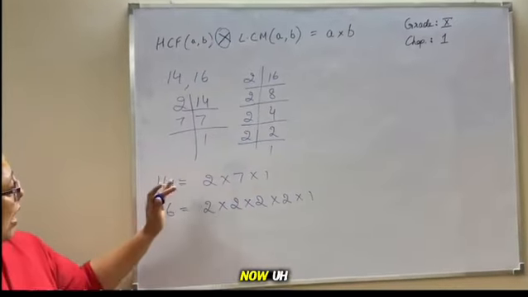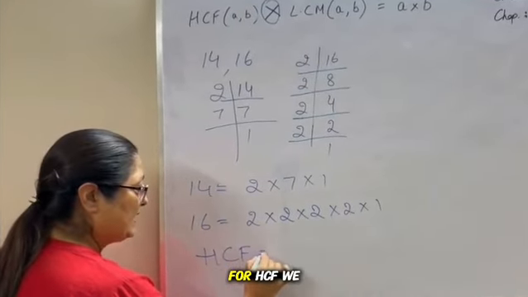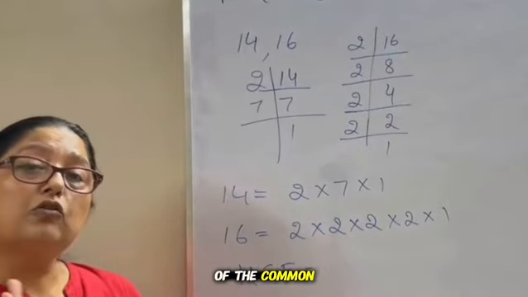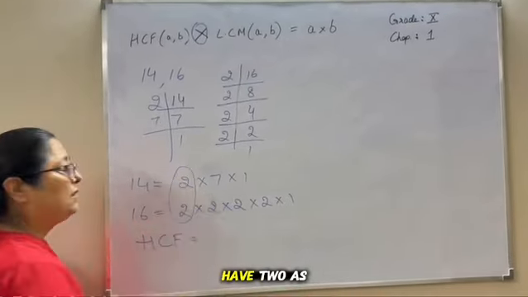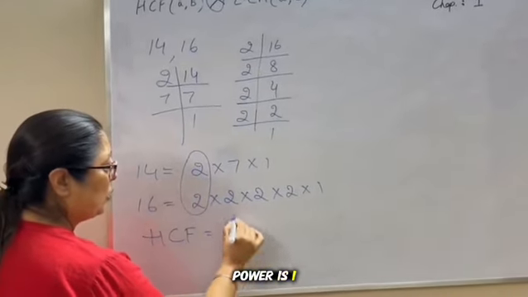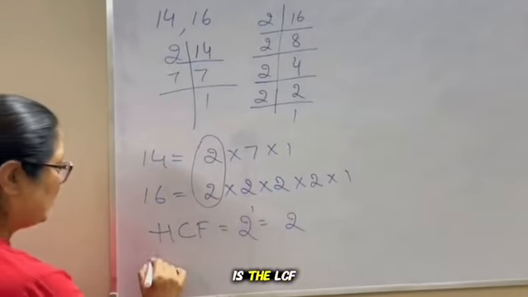Now, let us find the HCF first. For HCF, we need to find the least power of the common factors. We have 2 as a common factor, so the least power is 1. So HCF is 2. So what is the LCM?